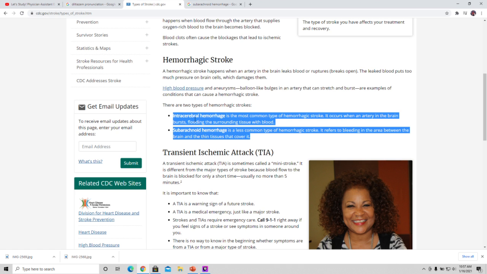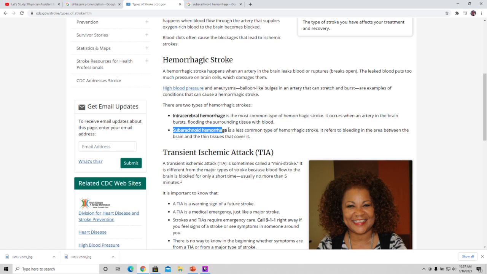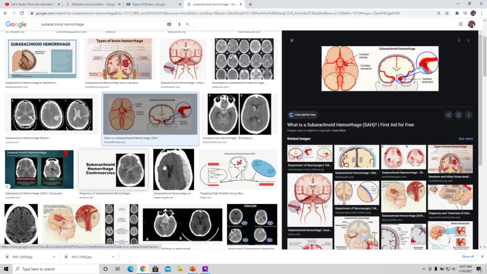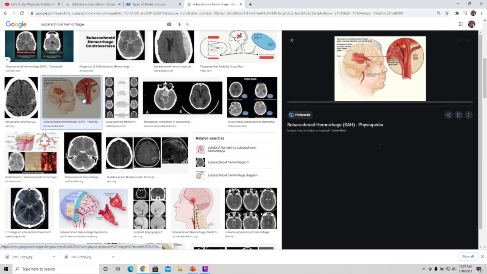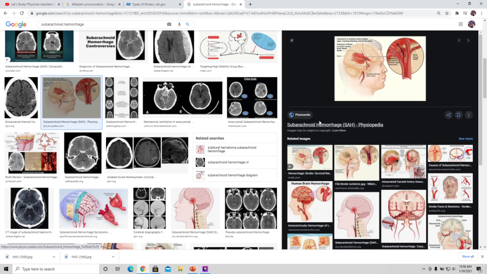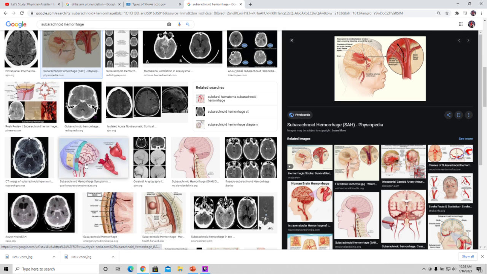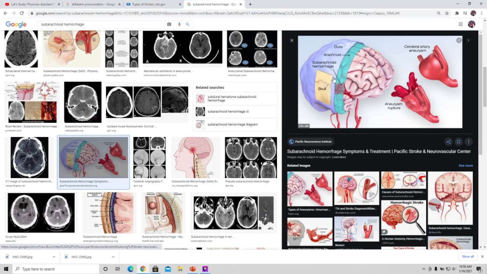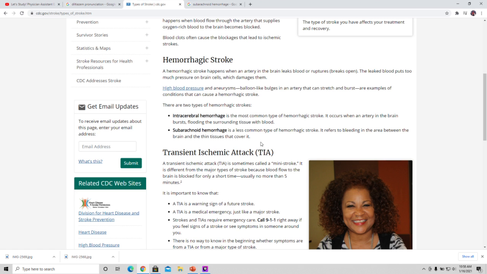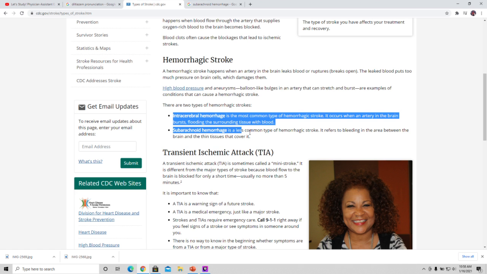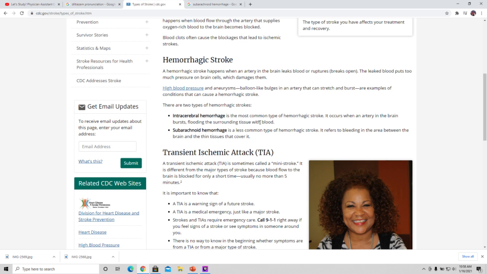So doesn't intracerebral lead to subarachnoid hemorrhage then? So that's a subarachnoid. Yeah. So intracerebral. Oh, okay. So you have a stroke because it's happening in your brain.